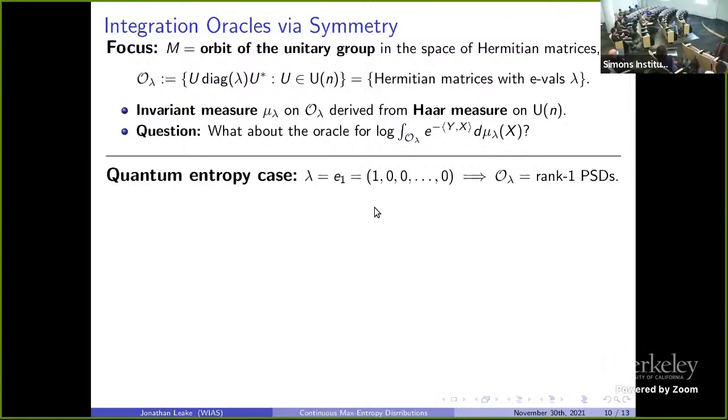The convex hull of this O lambda will be spanned by the permutahedron of lambda. Well, it won't be a polytope, right? It's some orbitope. It won't be a polytope because you're looking at the convex hull of some orbit of the unitary group, but the eigenvalues will be in that permutahedron that you just mentioned.